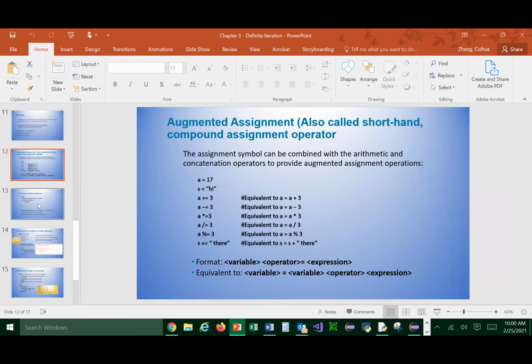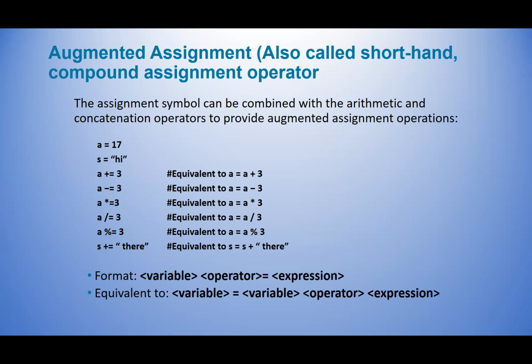No? Okay. Now, this is augmented assignment, also called shorthand compound assignment operator. Okay, let's look at this part. The assignment symbol can be combined with arithmetic and concatenation operators to provide augmented assignment operations. So, for example, a variable a is equal to 17, and s equals hi.